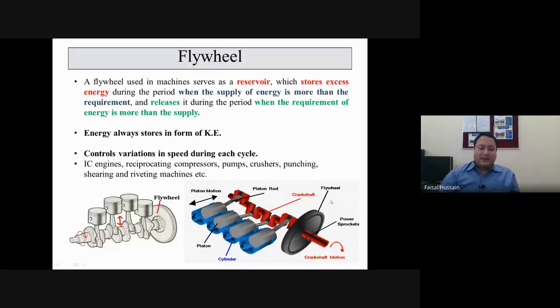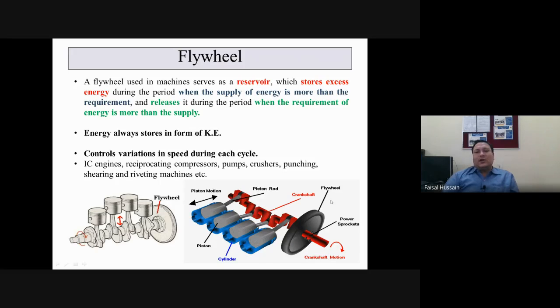Now, what is a flywheel? As we have all studied in dynamics of machines in sixth semester about the governor and flywheel, basically a flywheel is a reservoir. It is a reservoir used in machines and it stores energy and releases the energy as per the requirement.